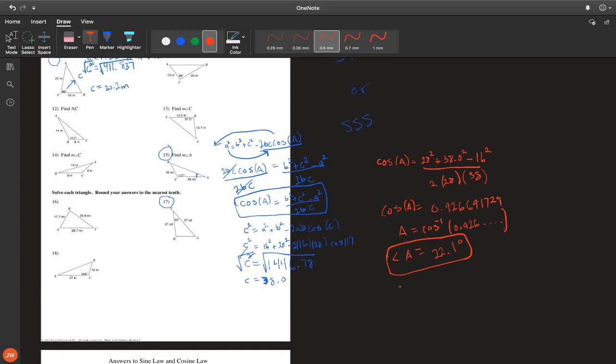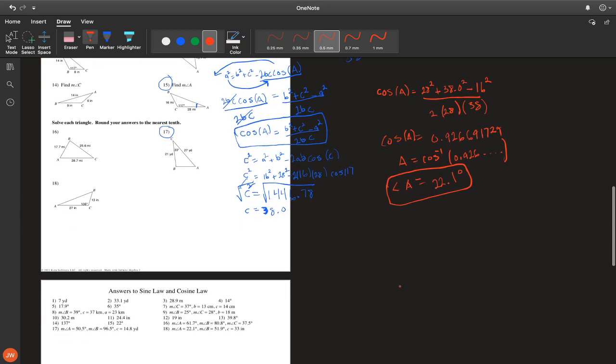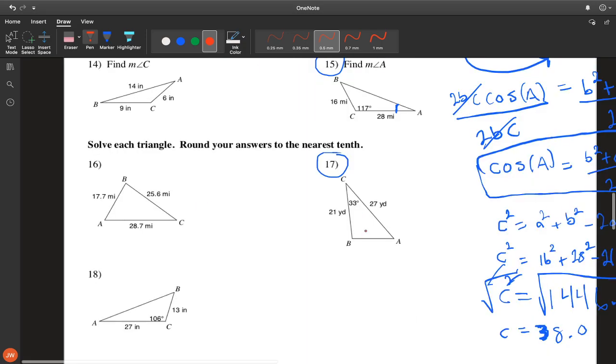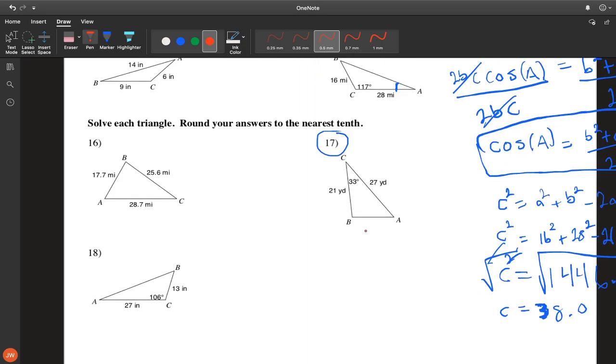So that was 15. Now we're looking at 17. And in 17, they want us to solve the triangle. So we're going to be looking for three things. We need angle B, we need angle A, and we need side length of C. Okay.